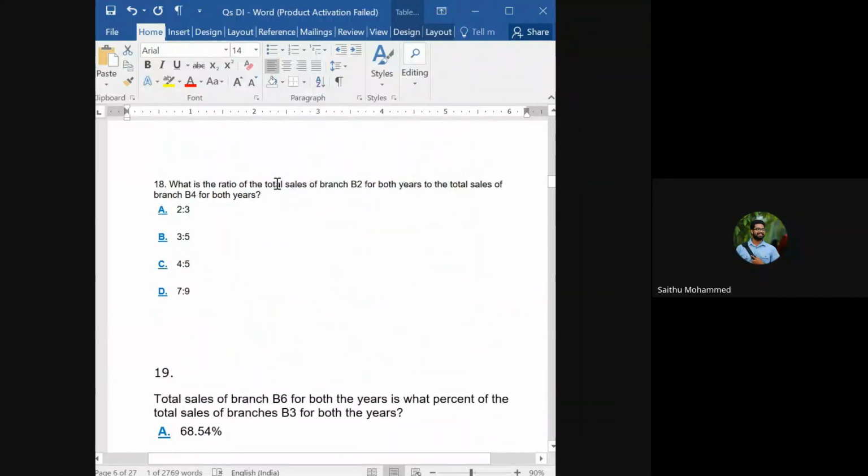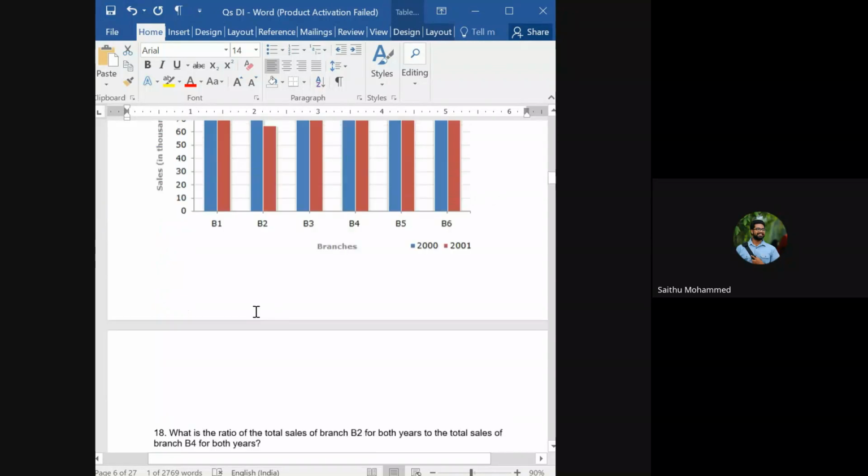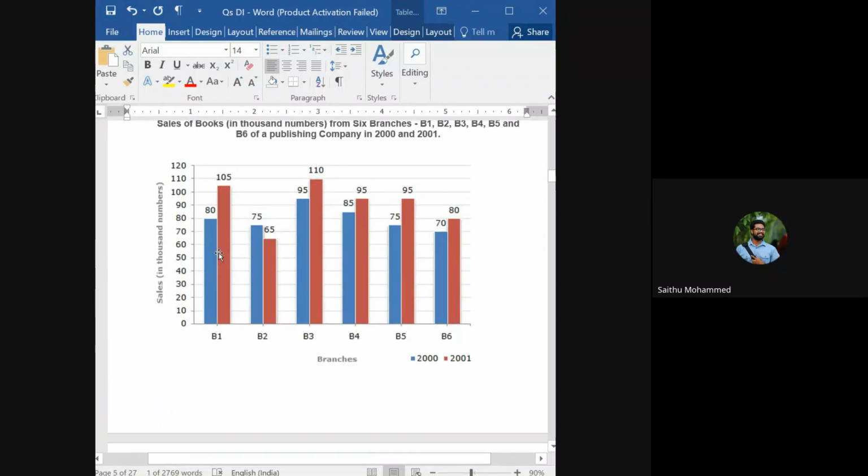Here we can see the question: what is the ratio of the total sales of branch B2 for both the years to the total sales of branch B4 for both the years? How can we find it? The ratio is being asked, right? First we have to find the total sales of branch B2 in 2000. That is 75.